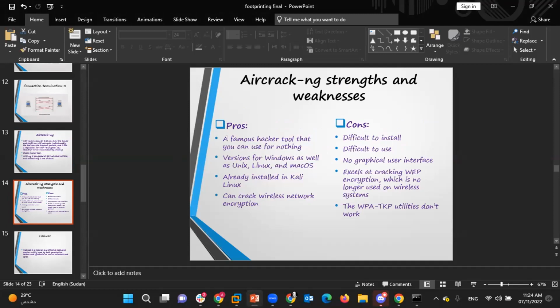It's a famous hacking tool. There are versions for Windows as well as Unix, all operating systems. It's already installed in Kali Linux, embedded in Kali Linux. Let's see that.